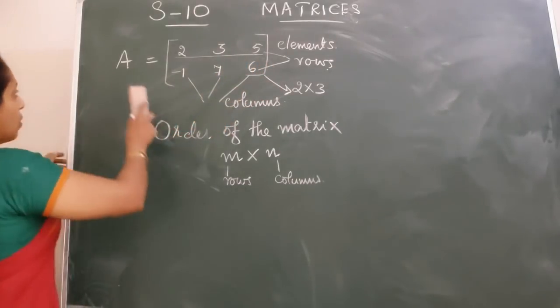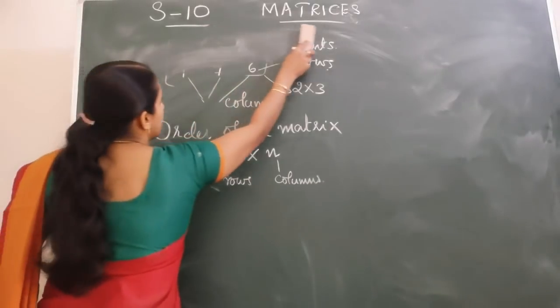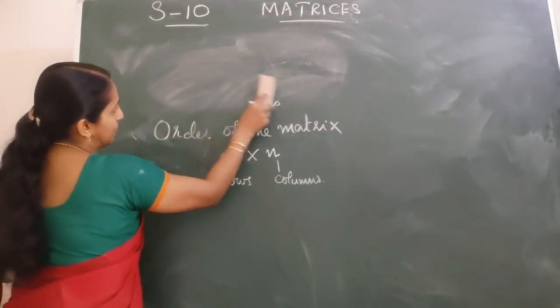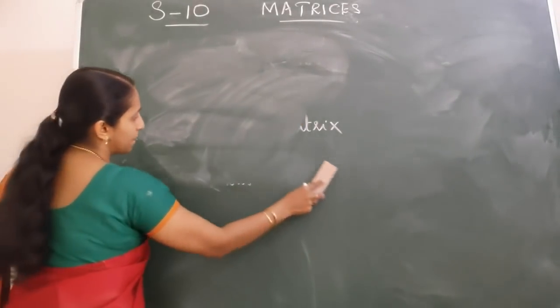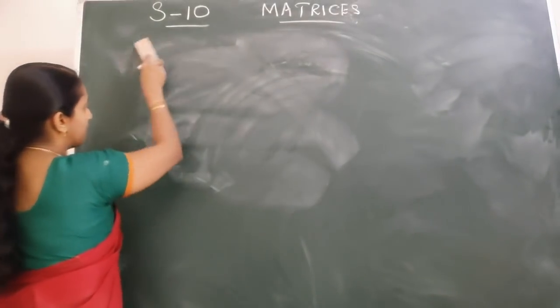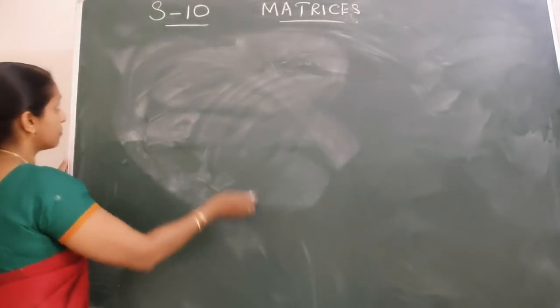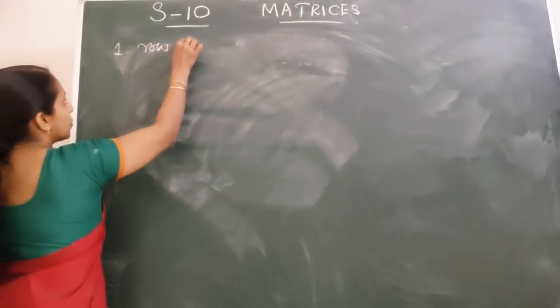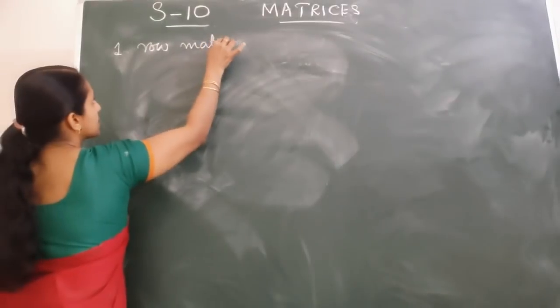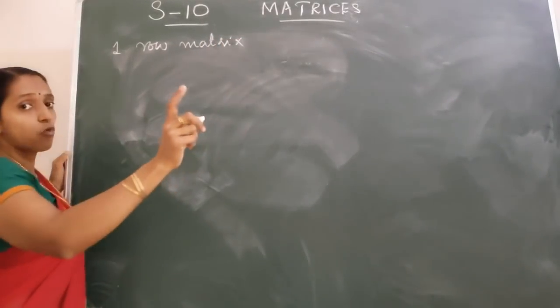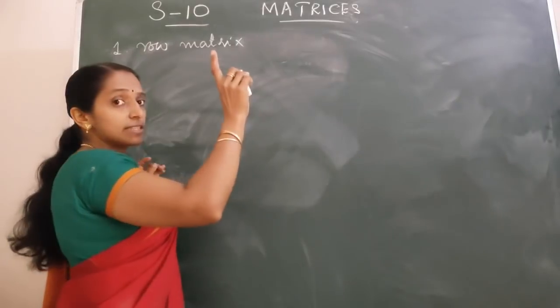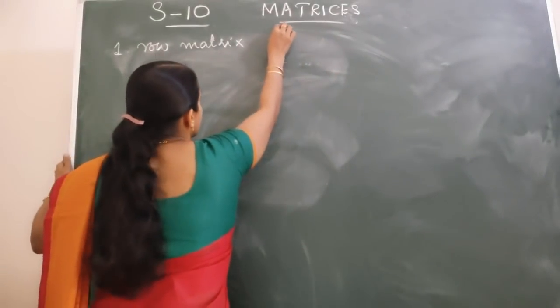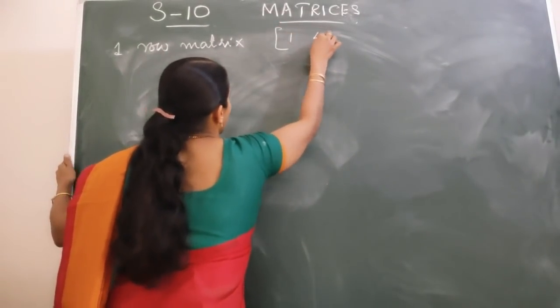Okay. Now, there are different types of matrices. The first one is the row matrix. A row matrix means a matrix having only one row, for example 1, 4, 7.